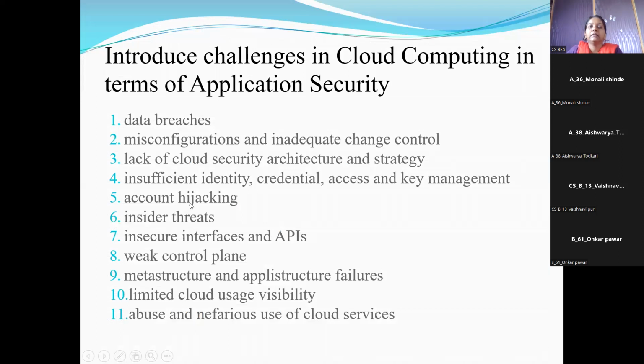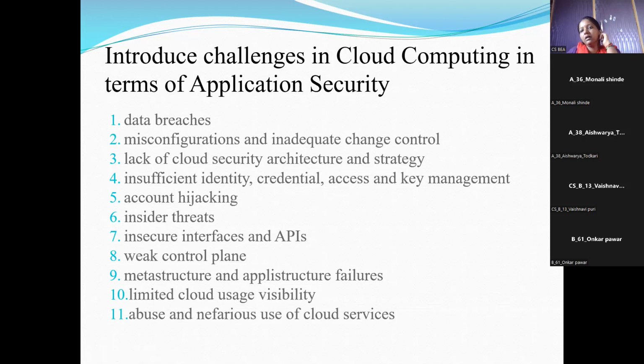Then we saw some of the challenges in cloud computing in terms of application security yesterday, that is the data breaches, misconfigurations, and inadequate change control, then lack of cloud security architecture and strategy, then insufficient identity, credential, access and key management, account hijacking, insider threats, insecure interfaces and APIs, then weak control plane, metastructure and applistructure failures, limited cloud usage visibility, and abuse and nefarious use of cloud services.